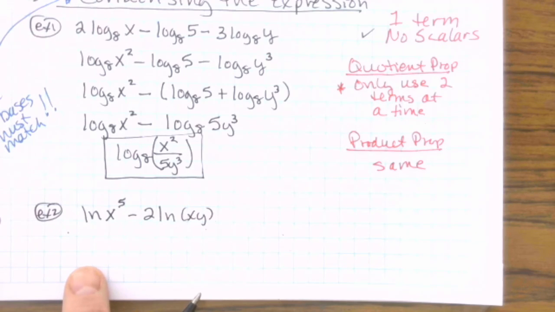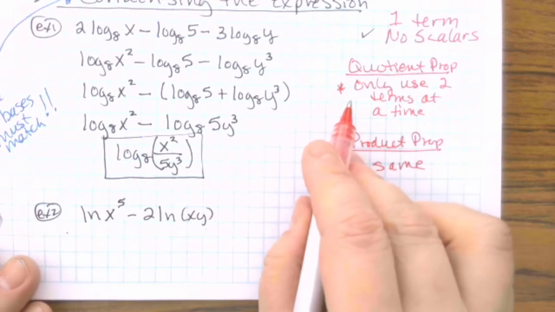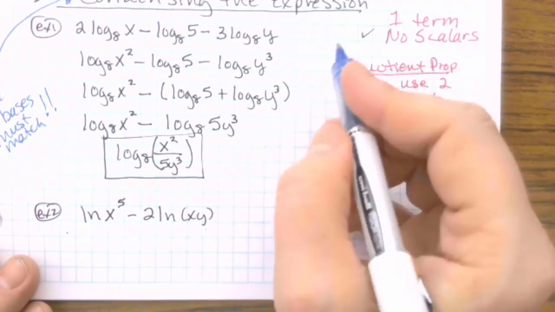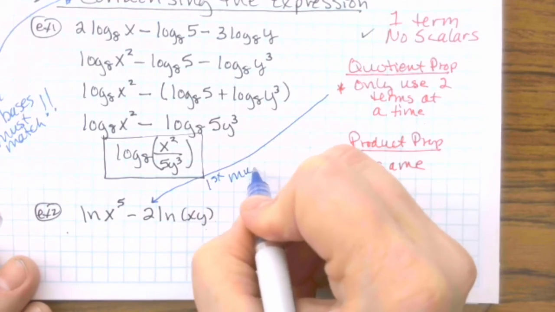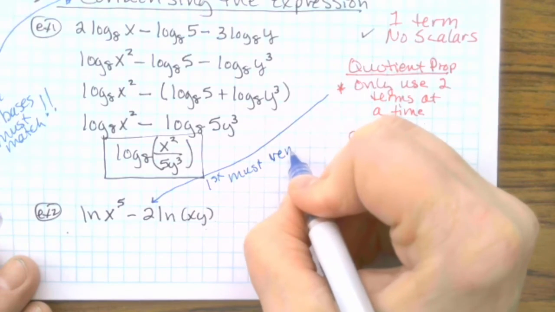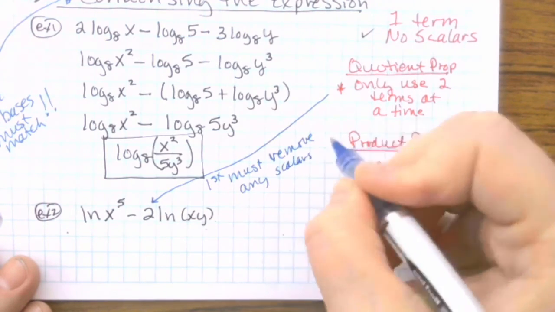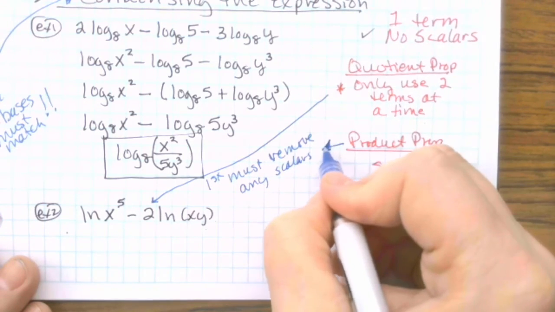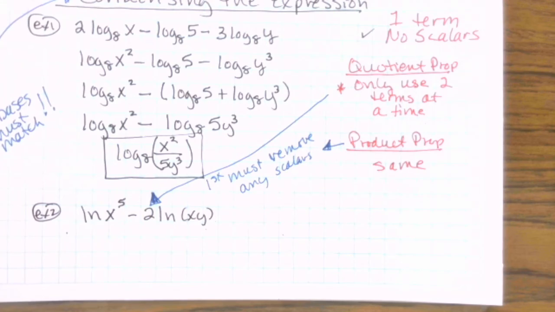When you put them together, though, you can't have scalars. So before you can do quotient property, you first must remove any scalars. And that goes for quotient property and product property. They don't work if this has a 2 and that doesn't have anything.